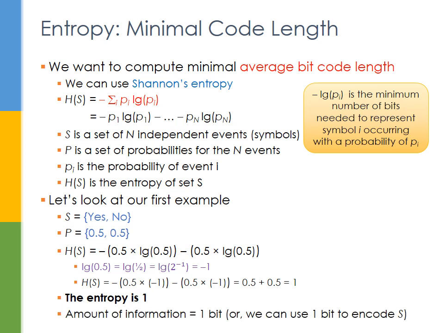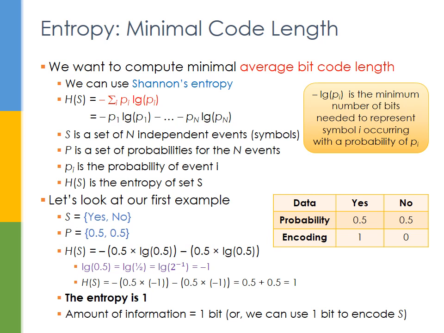And to interpret this value, we would say that the amount of information within our encoding scheme is 1 bit, or in other words, we can use 1 bit value to encode all of the symbols that occur in our set S.